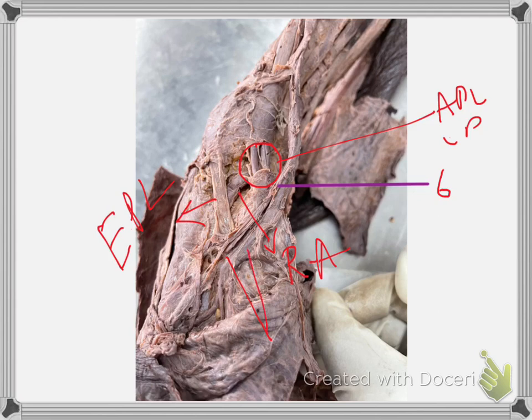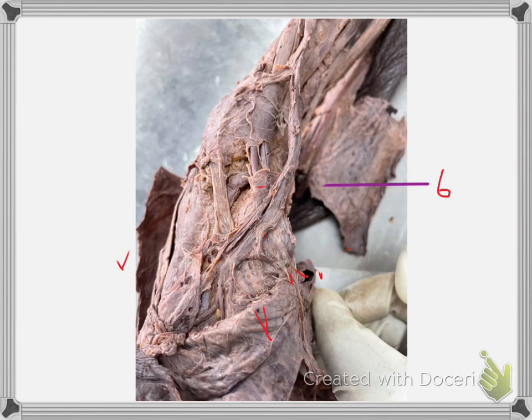Can you see the cephalic vein? I'll erase other things so you can see the cephalic vein clearly. This is the cephalic vein, it forms the roof. This can also be asked as a spotter question. What is present inside is your radial artery.